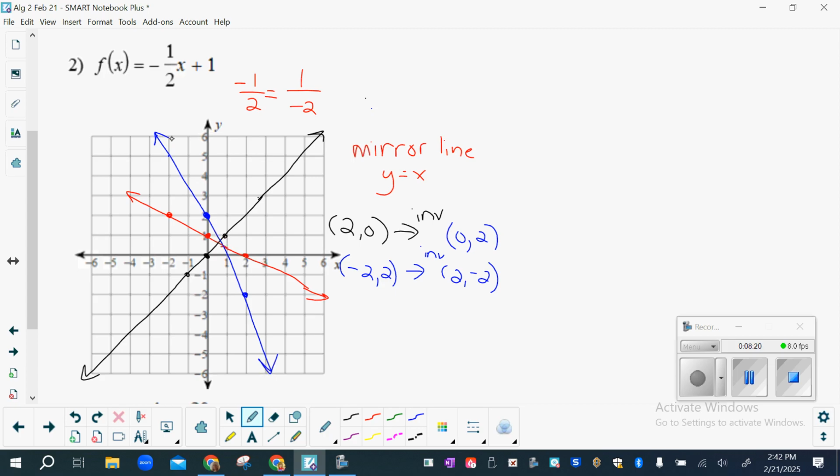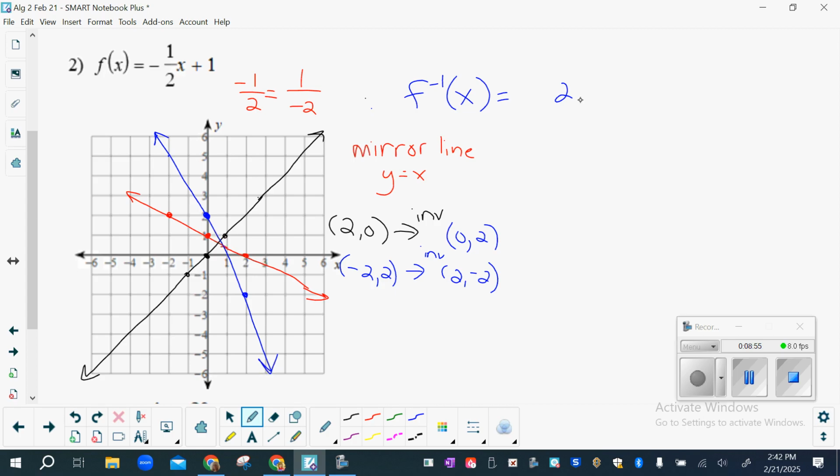Okay, so the equation of this blue line is an inverse line, so we're going to use the notation f inverse of x. What is my y-intercept on that blue line? The y-intercept is 2, so this is where the y-intercept goes here. What's my slope on that line? A hand, please, for the slope on the blue line. -2, that's right.